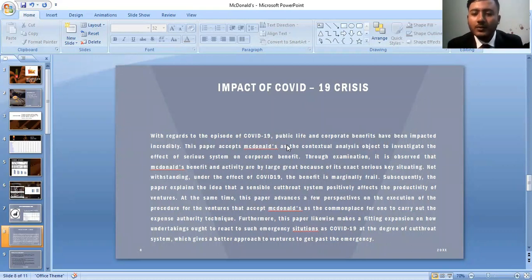Furthermore, this paper also makes appropriate suggestions on how enterprises should react to such emergency situations as COVID-19 at the level of competitive strategy, which gives a better way for enterprises to get through the emergency.